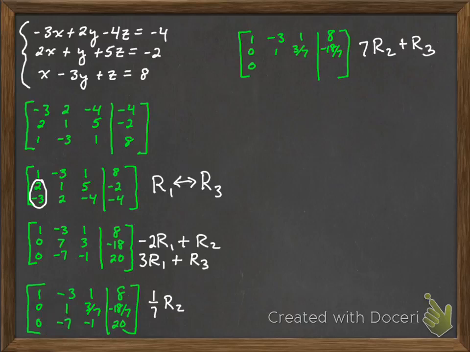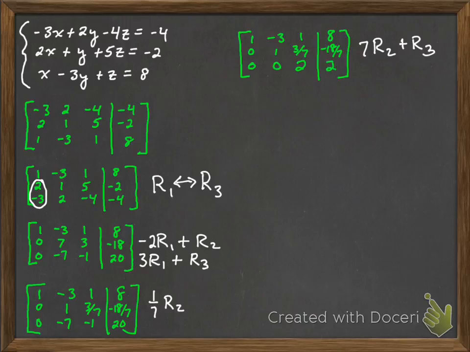Added to a -7 will give us 0. 3/7 times 7 is just 3. And 3 plus -1 is 2. And then -18/7 times 7 is -18. Plus 20 will give us a +2.